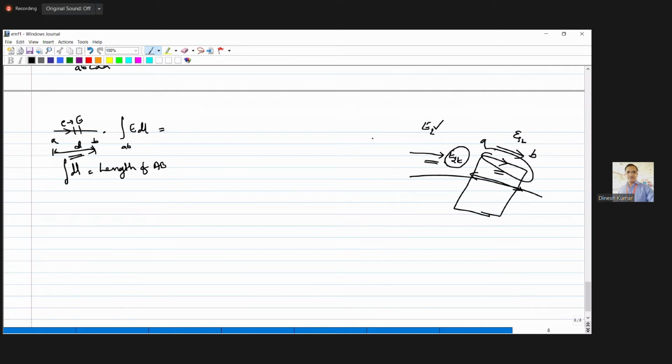Therefore, you have to consider plus E2T, and the integral of dL is nothing but the length of this line from A to B. What is the length of AB? The length of AB is delta W. So therefore, the integral over AB of E·dL will be equal to E2T times the integral of dL, which is delta W. This is our first expression.